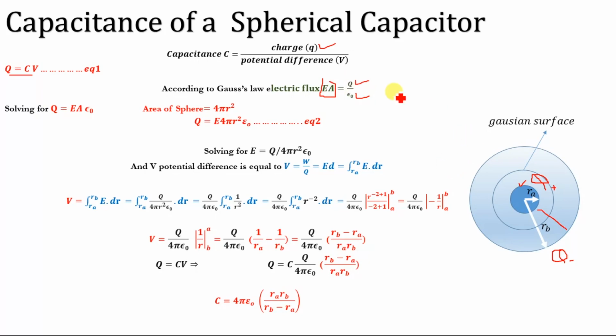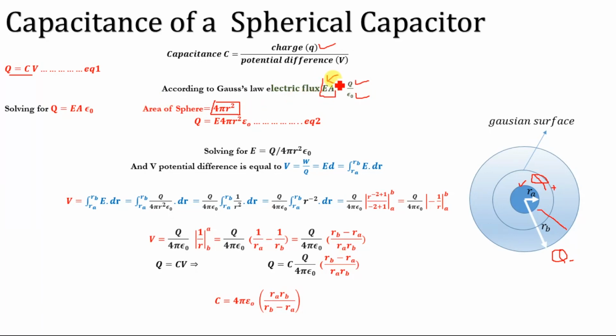Now we are dealing with the spherical capacitor, and this surface is also a spherical Gaussian surface. So the area of a sphere, we know, is equal to 4 pi r square. So we will substitute the value of area in this equation.